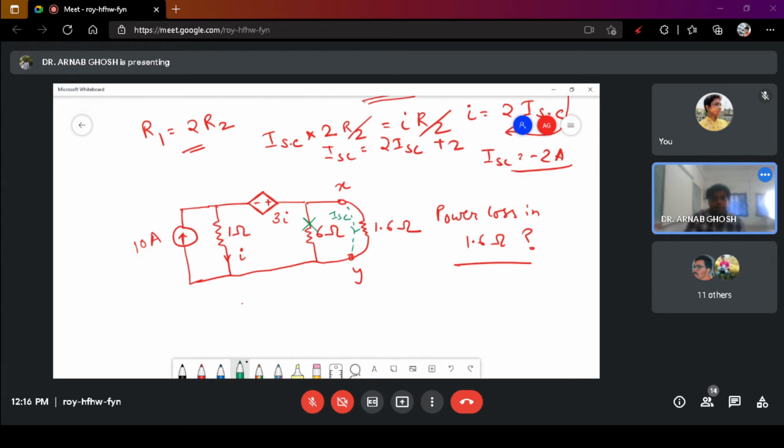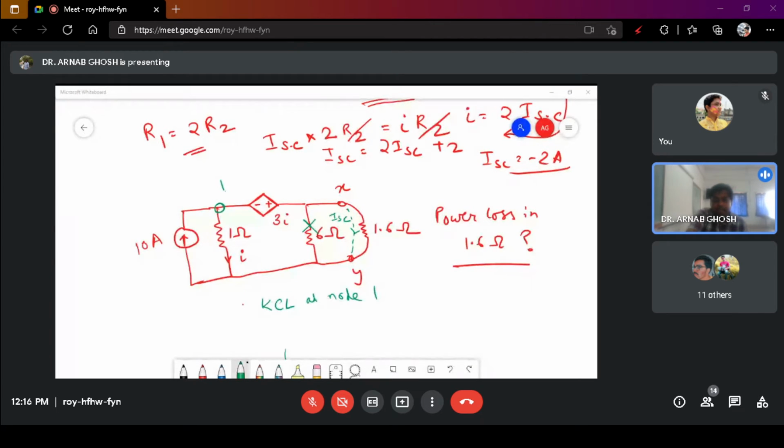Right. So let's say we are taking this node, and we are applying KCL at this node. What will be the KCL formula? KCL at node 1. I and ISC are leaving the node, and 10 is entering the node.